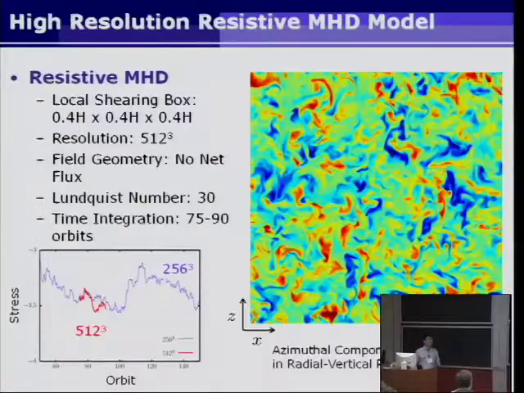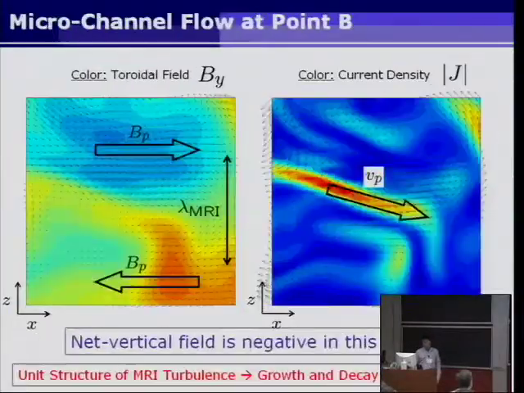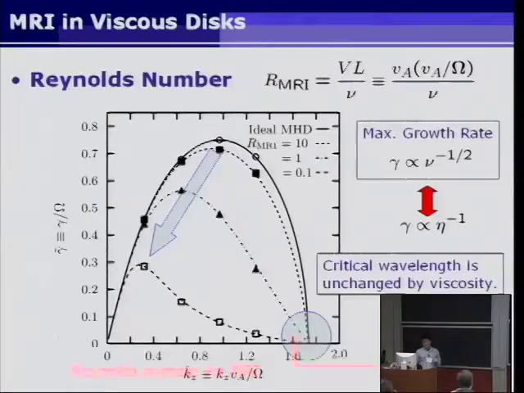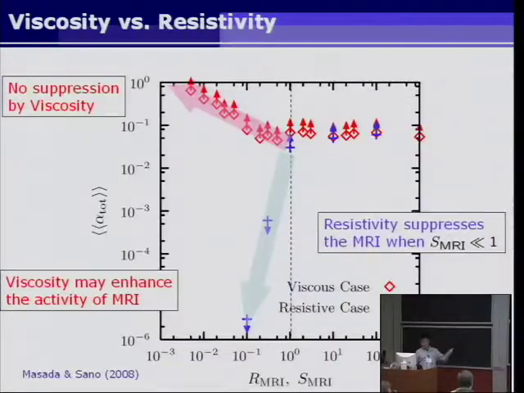So it's not a saturated value. That's why we put the arrow in this figure. The up arrow is still going up, and the down arrow is going down. So it's not a saturated value.